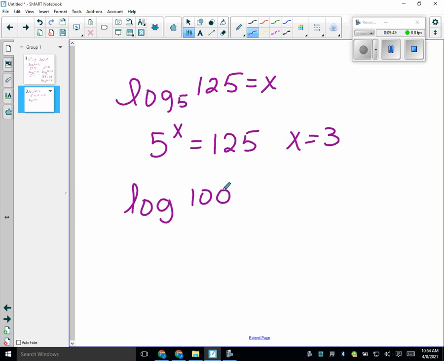Common log, base 10. So could I let this equal x? So would I have 10 to the x equals 100? What is x? 2. Well, that's pretty simple, isn't it?